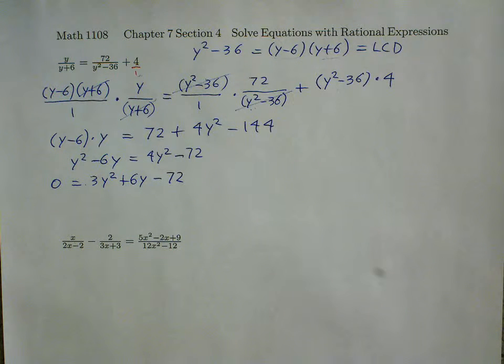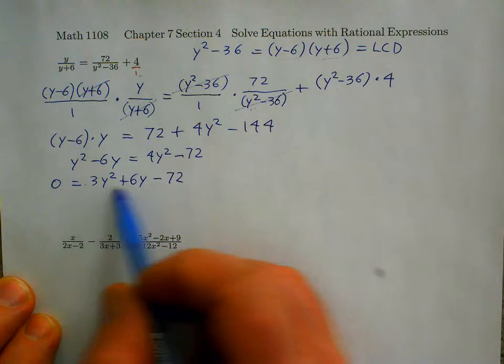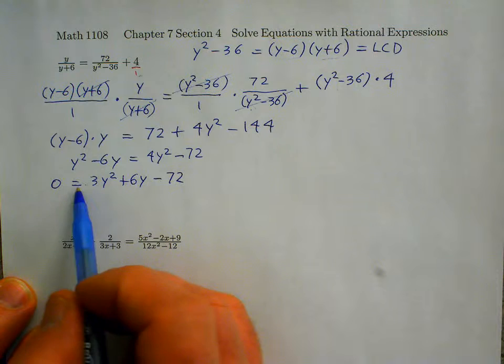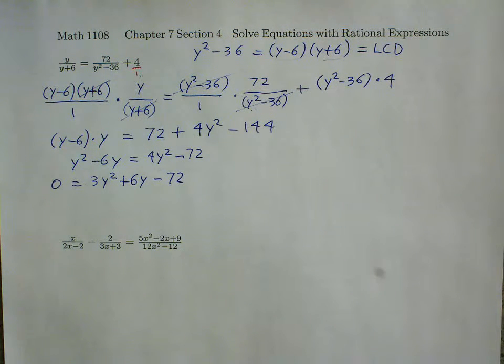It's 3. Since we're solving an equation, we are permitted to divide every term on both sides of that equation by the same non-zero number.